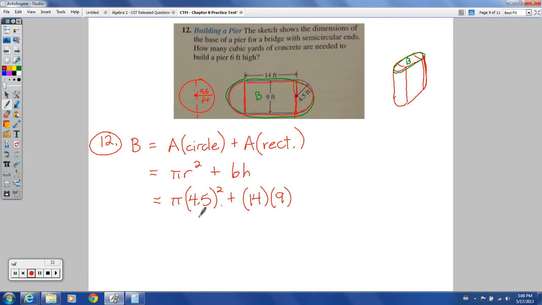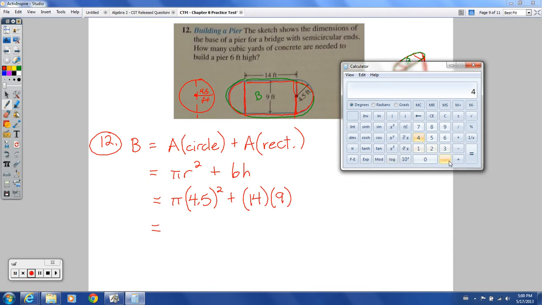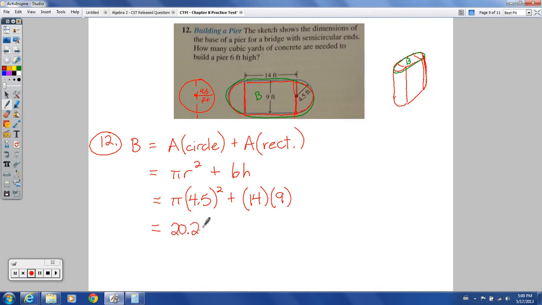So we have 14 times 9, and 4.5 squared is 20.25. I'll write it as 20.25 pi, which would be an exact value. And 14 times 9 is 90 plus 36, which is 126.